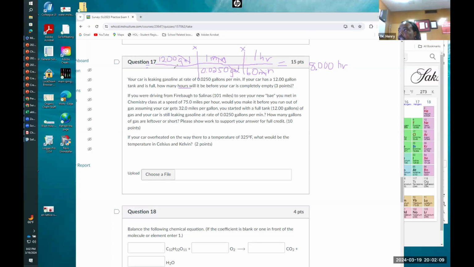Or you could just go through each step. 12.00. In this case, you're multiplying it times 1. Then you're dividing it by this value. Then you're going to be multiplying it by 1. And then you're going to divide it by that value. Dr. Henry, do we have to write all of that? Yes. If you want full credit. Because if you mess up, then I can't see what you did.